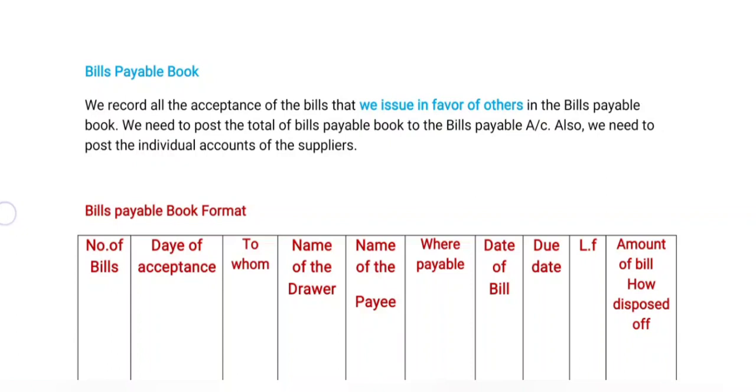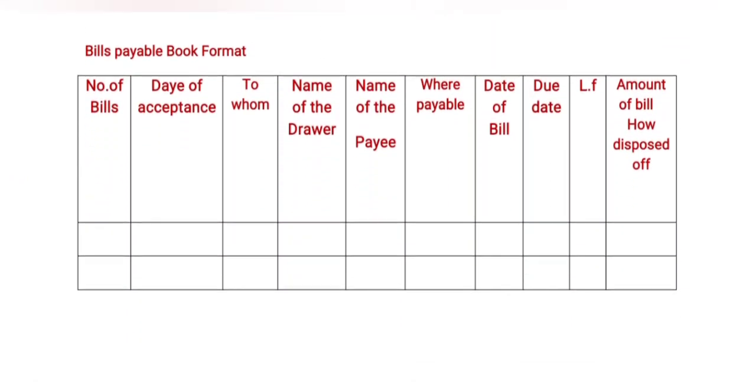We need to post the total to the bills payable account, and also post to the individual customer or supplier who sent goods to us. We send that person a bill payable. It is like we purchase on credit, and after that we give a bill to the seller or supplier. Now we are coming to the pro forma of bills payable. It is similar to bills receivable.